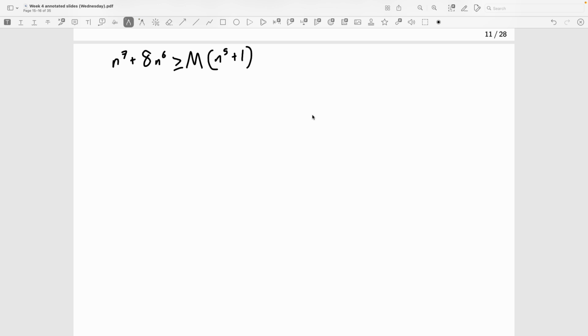So I'm going to start by simplifying the larger side. And remember, I want to find something that is composed of one term and is less than n to the 7 plus 8 times n to the 6.